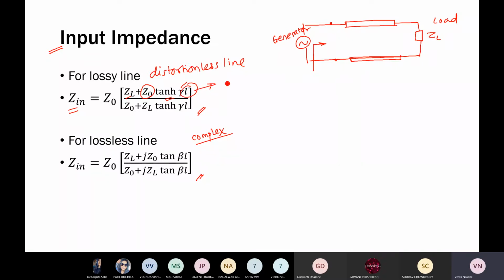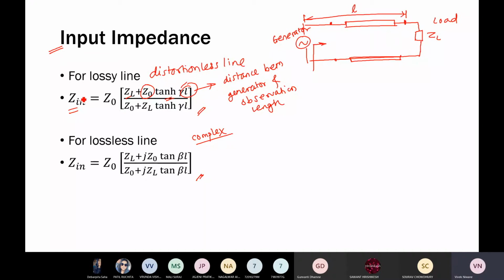L over here is a distance between the generator and the observation point, that is, from the generator to here, let us say it is a length L.